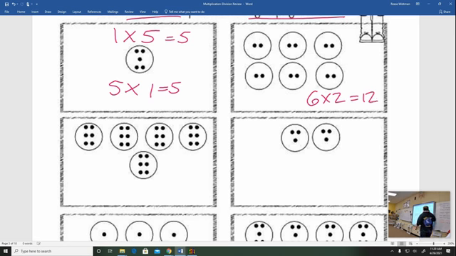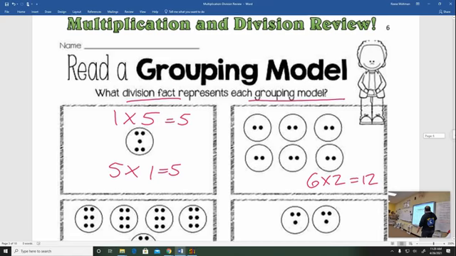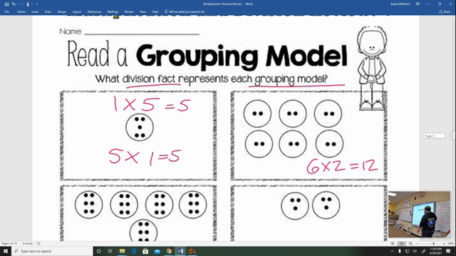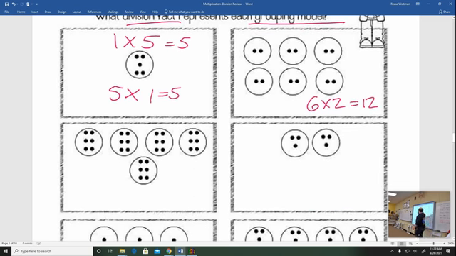Now, if we were to do it as a division problem, because again, we are in the division section, I actually led you guys astray by doing this as a multiplication problem. Now they're related, but let's go back. This is actually going to be 5 divided by 1, which of course equals 5. If this was a division problem, what would it be?